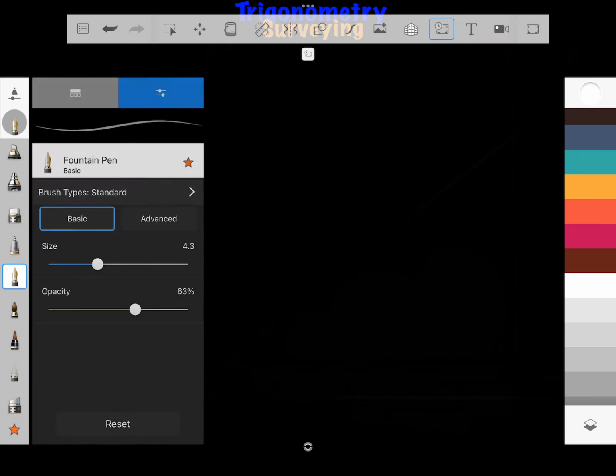Essentially what we are given this time is a plane. So it looks like this. See, this is what we are given.